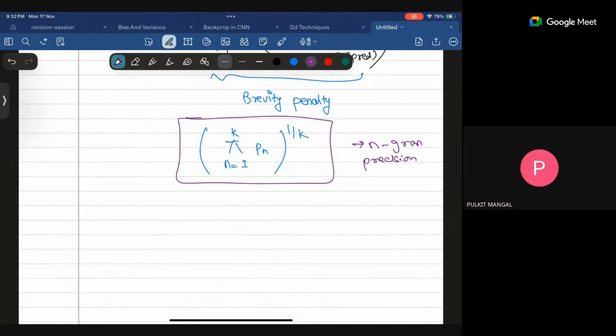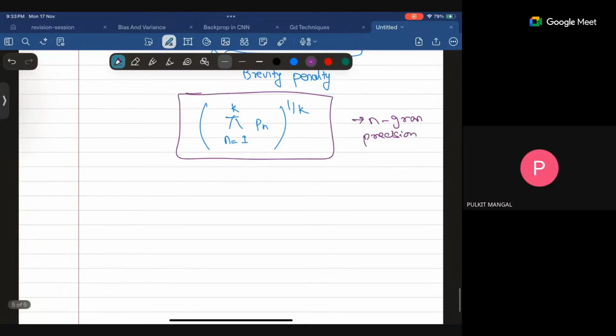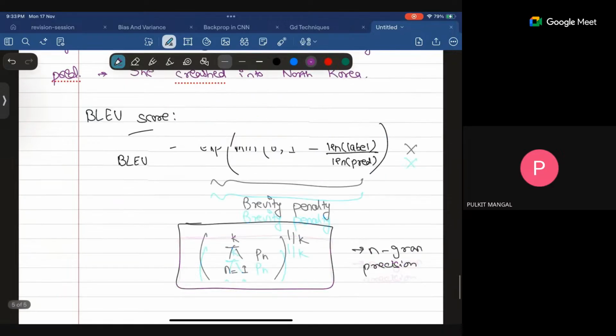Sir, n-gram is the window size? Yeah, you are going to go with unigram, bigram, trigram like that. Of course, you can stop at any place you want. First, I will start with the unigram case.